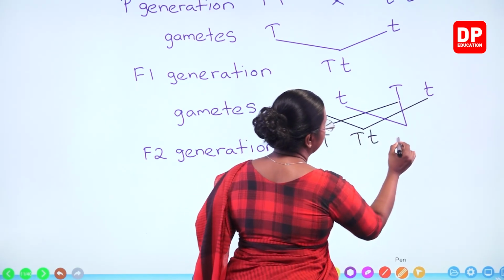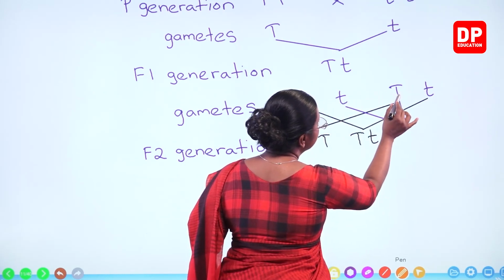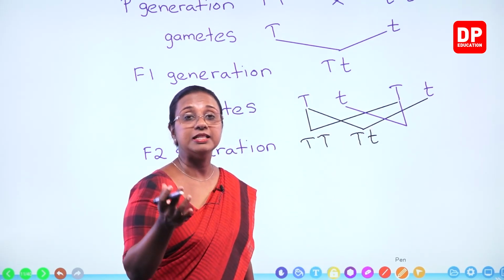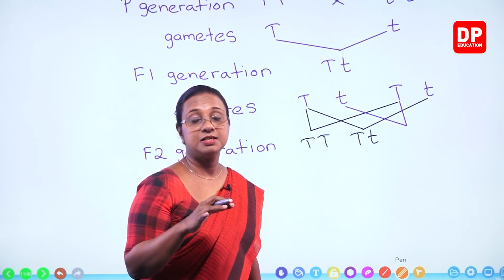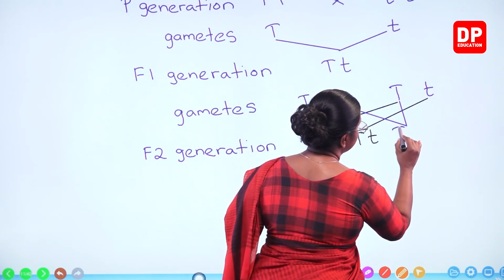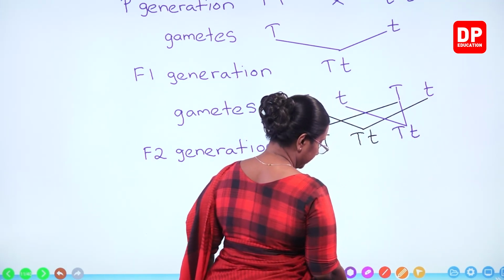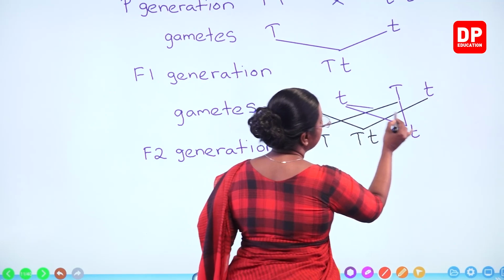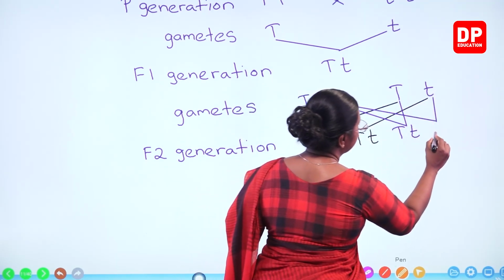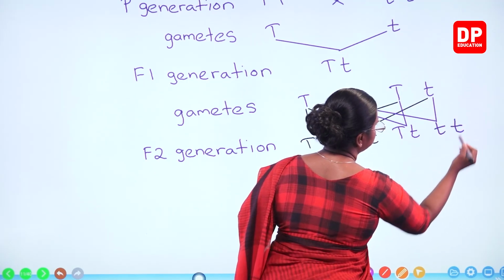So you will get capital T and simple T. When we write, we have to write the capital letter first. Then only we write the simple letter. So capital T, simple T there. Then again, the last two factors, simple T and simple T.